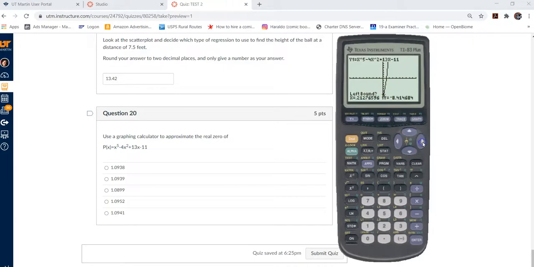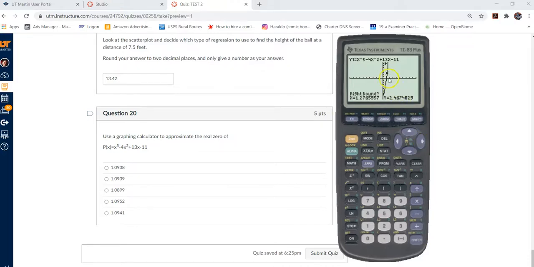I need to come out here. There's that little ball. Okay, I need to get this ball as close to the 0 as possible, but it needs to be to the left of it. So if I do that, that's gone too far. So it needs to be just to the left of where it crosses the x-axis. Enter.